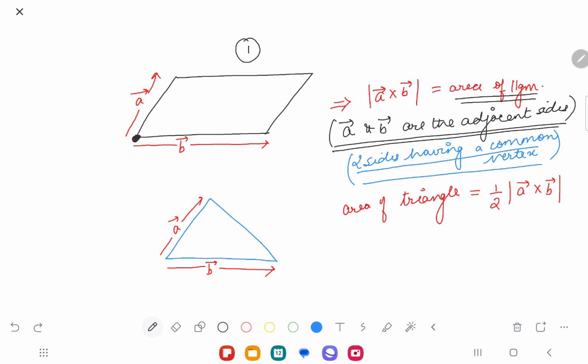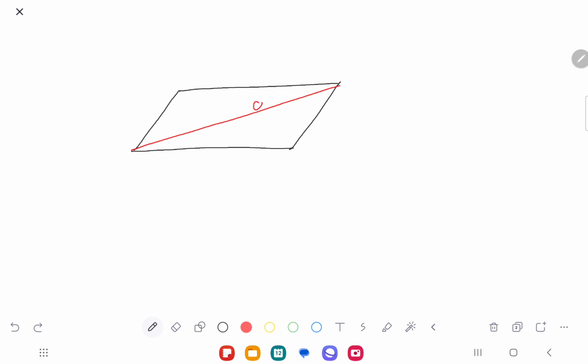But sometimes in the question, it is also given that you have to find the area of the parallelogram where the red diagonal is your A vector and the blue diagonal is your B vector. Are you understanding?